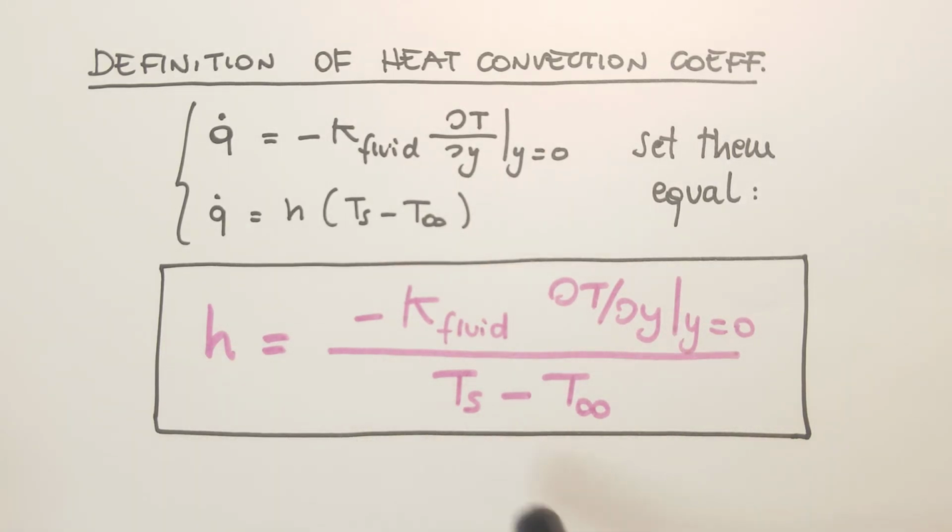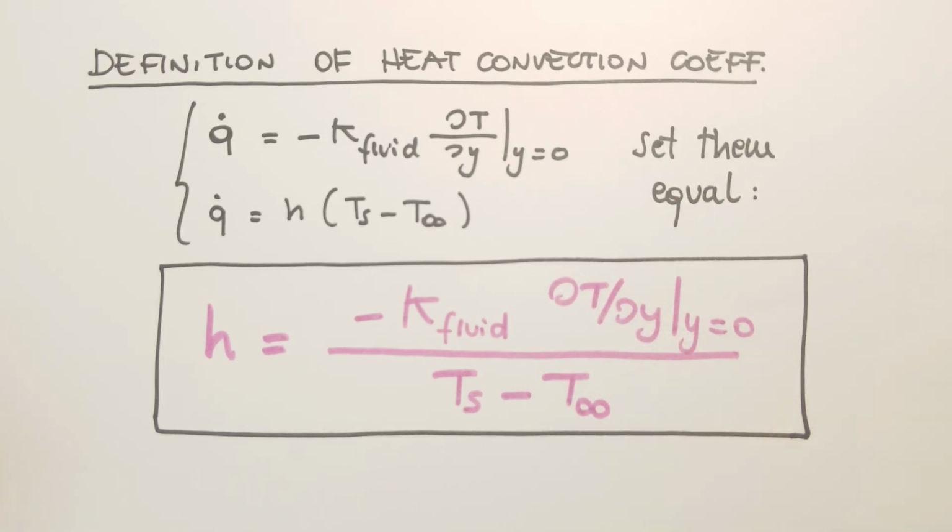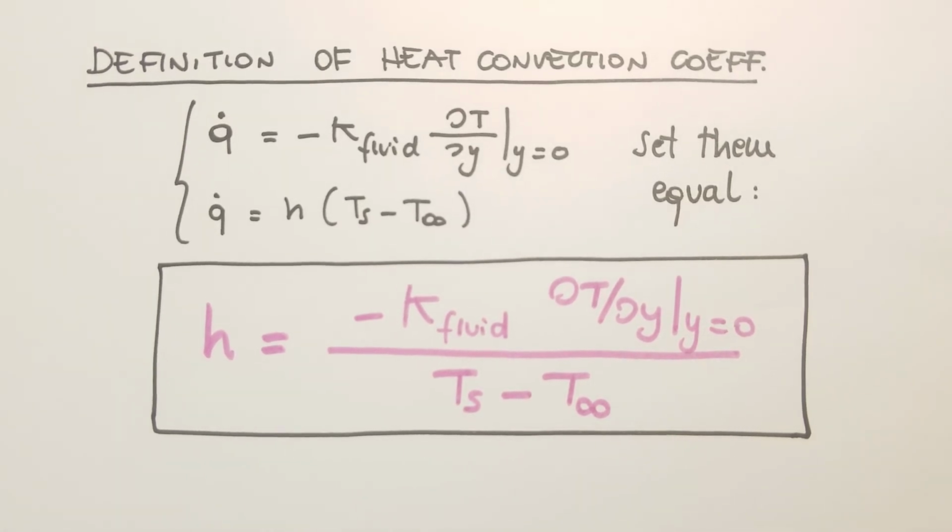So h is equal to the ratio between minus k of the fluid times partial T partial y, the gradient of temperature with respect to the wall normal coordinate computed at the surface, divided by Ts minus T infinity, where, remember, Ts is the temperature of the surface and T infinity is the temperature of the fluid sufficiently far away from the surface.